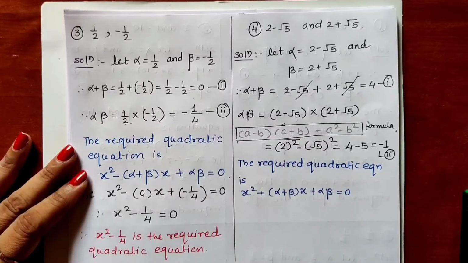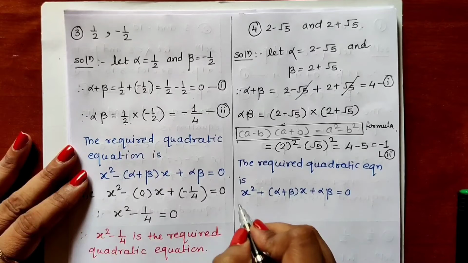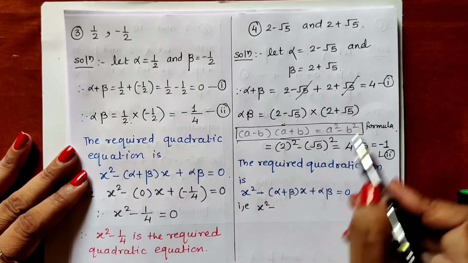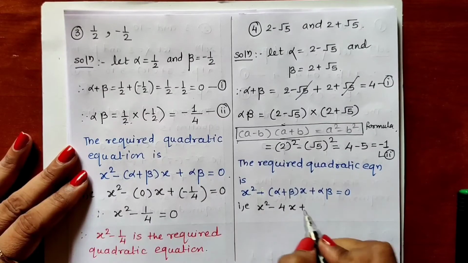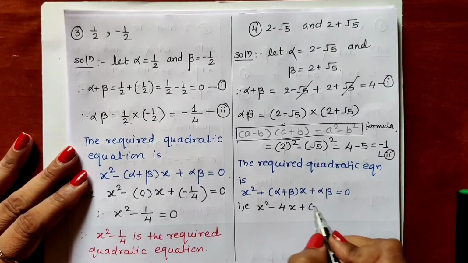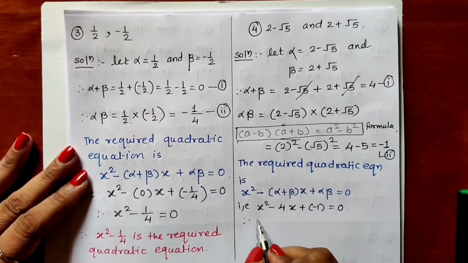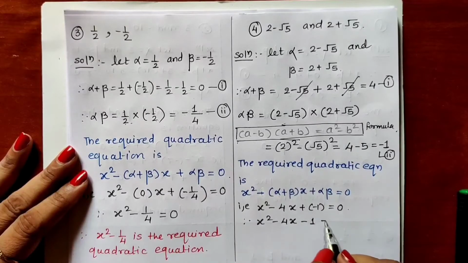to 0. Now we will put the values of alpha plus beta and alpha beta, that is x square minus alpha plus beta, which means we are getting 4x, plus alpha beta is minus 1. So therefore x square minus 4x plus minus is minus 1 is equal to 0.